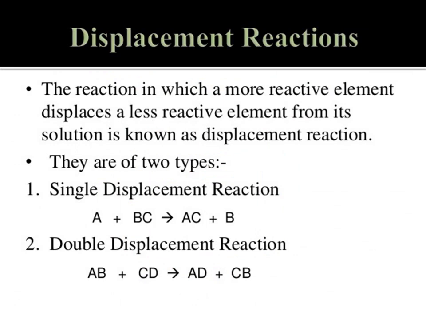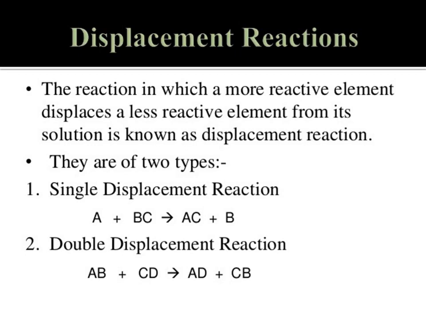So the reaction in which a more reactive element displaces a less reactive element from its solution is known as a displacement reaction. And we have talked about single displacement reaction with the example of copper sulfate plus zinc will give zinc sulfate plus copper. Similarly, these are in the form of ABC.